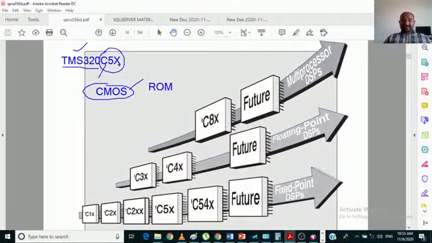But in a few series of the TMS 320, you will come across, in place of C, one more letter, a capital E. If you have the TMS 320E5X, then in place of the ROM, this family uses EEPROM memory as permanent memory.